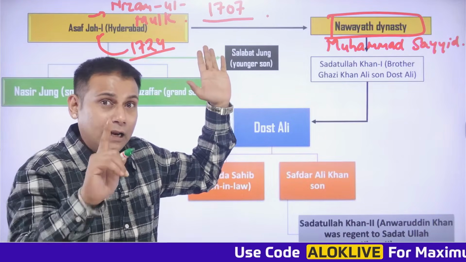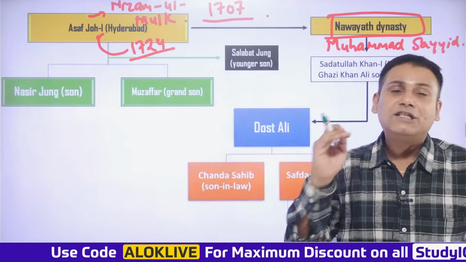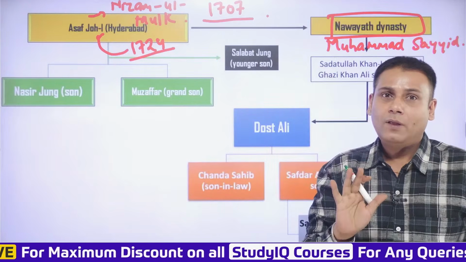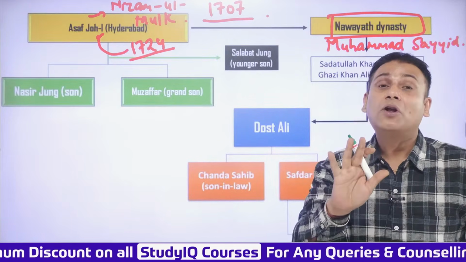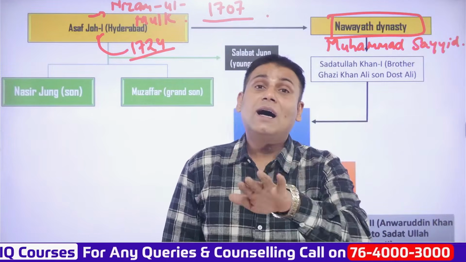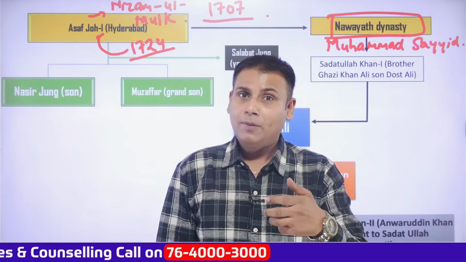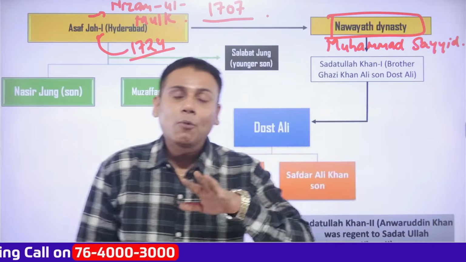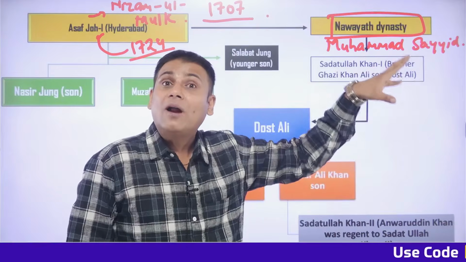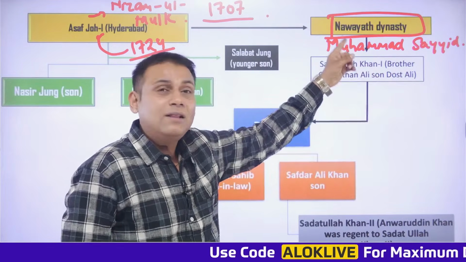I'll repeat the point again. After the death of Aurangzeb in 1707, many governors started declaring their independence. In 1724, one such governor of Hyderabad was Asaf Jah. He laid the foundation of an independent dynasty, referred to as the Asaf Jahi dynasty, and assumed the title Nizam ul Mulk. As discussed previously, the Nizam ul Mulk also had an influence over Carnatic, and to administer it he had a deputy governor in the form of Muhammad Sayyid.